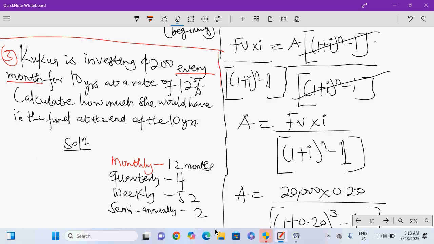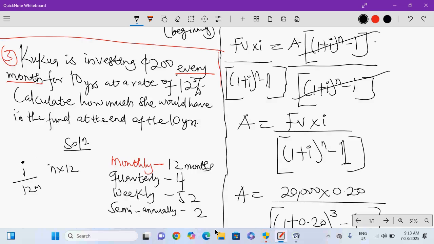It means anytime we see I, the interest rate, the interest rate given is for the whole year. If you want it in months, we divide by 12 months, right? And then the number of periods is in years, so we want the months. You are going to multiply it by what? By 12 months, if it is monthly.